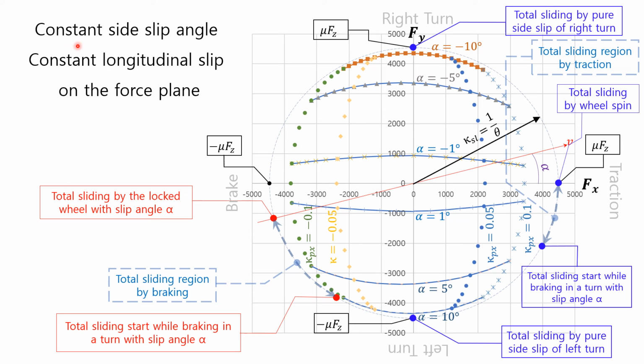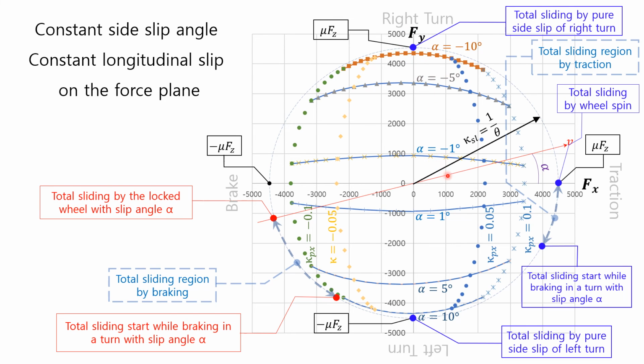Let's draw a graph of constant side slip angle and constant longitudinal slip on the fourth plane. Referring to the previously described combined slip circle, a graph of the longitudinal force Fx and the lateral force Fy can be drawn.